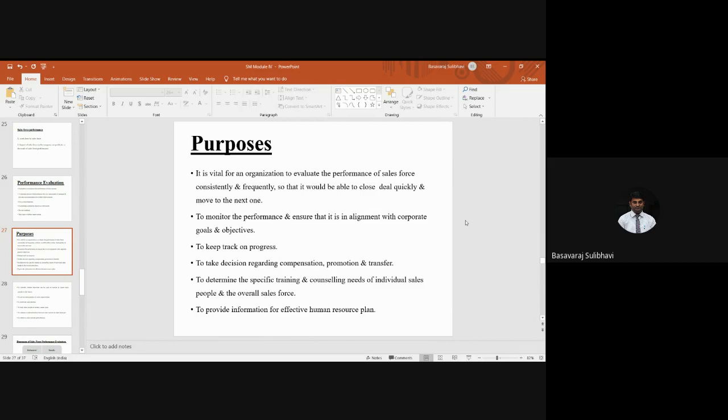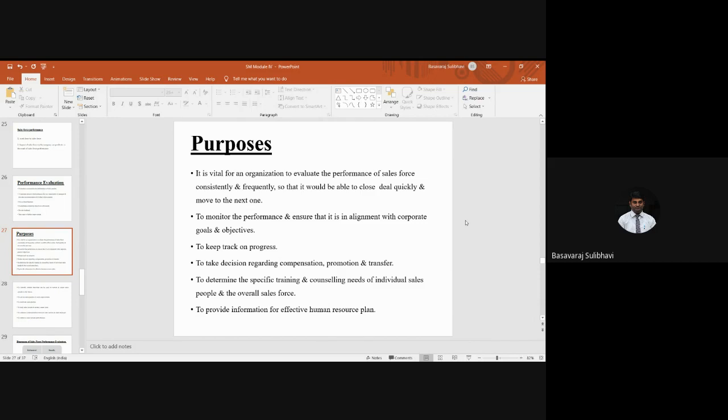Now these performance evaluations can give an idea of who can probably fit those vacancies which are empty in the organization, right? Then, to develop specific training and counseling needs of individual salespeople and the overall sales force.